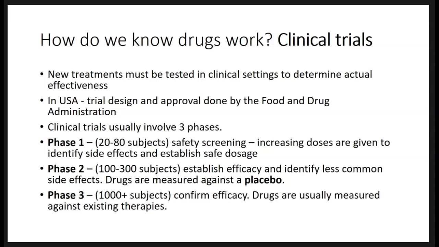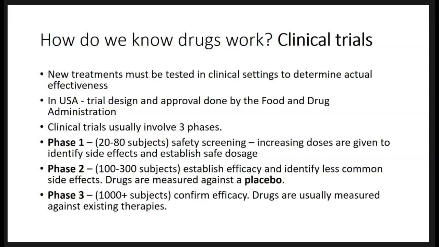In the United States, these trials are approved by the Food and Drug Administration, or FDA. New clinical trial designs are submitted by pharmaceutical manufacturers and developers to the FDA, and the FDA independently monitors those trials and determines whether or not the data is sufficient to warrant the implementation of a drug into the market.